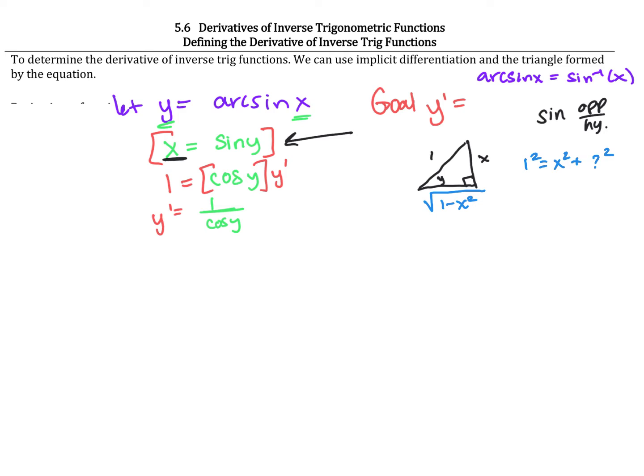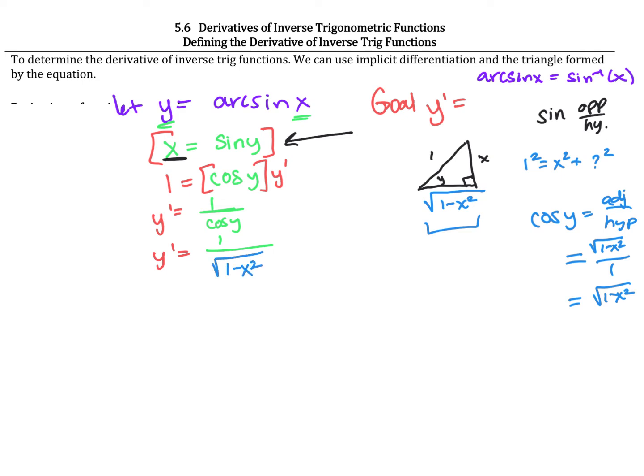And why does this help us? Well, now I can rewrite cosine of y in terms of x. Cosine of y is going to be adjacent over hypotenuse. And in this case, adjacent is what we just found, the square root of 1 minus x squared, and hypotenuse is 1, so cosine is just the square root of 1 minus x squared.